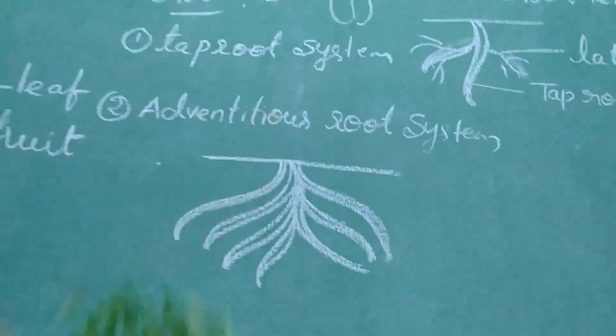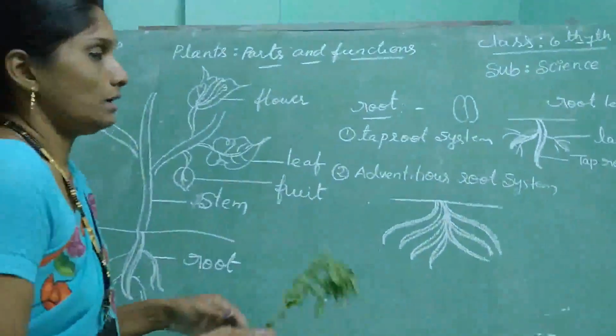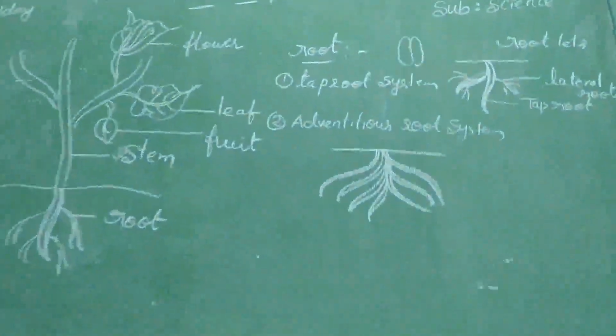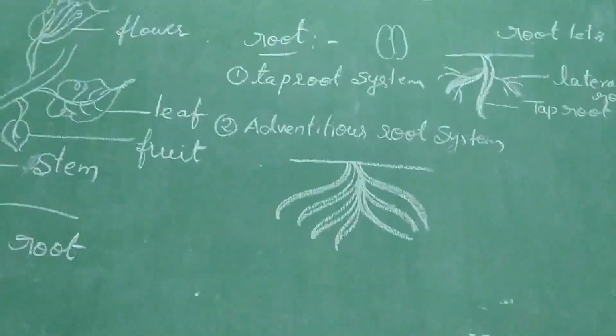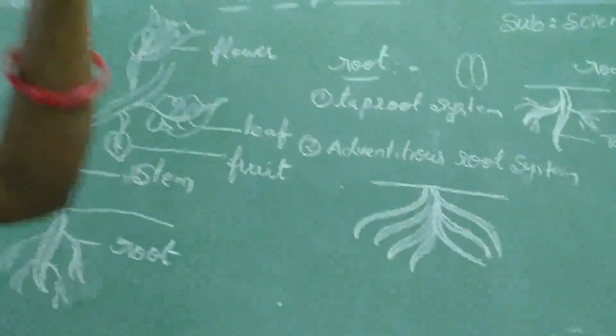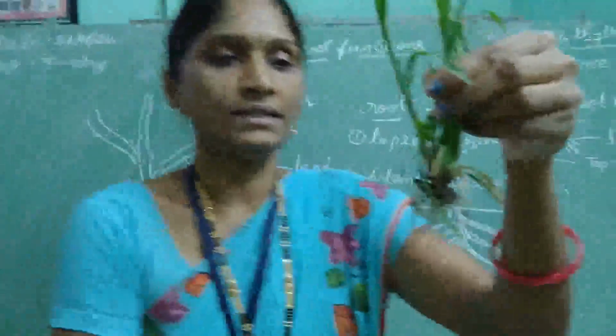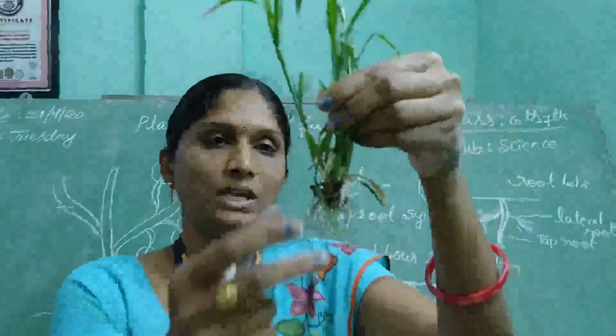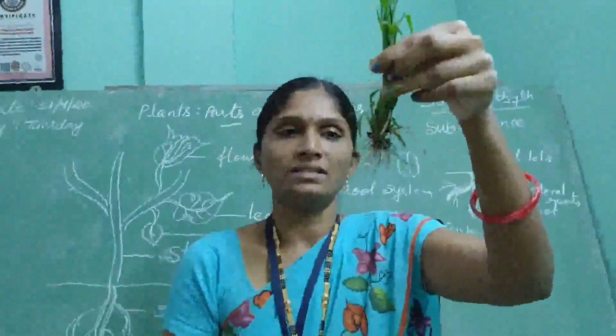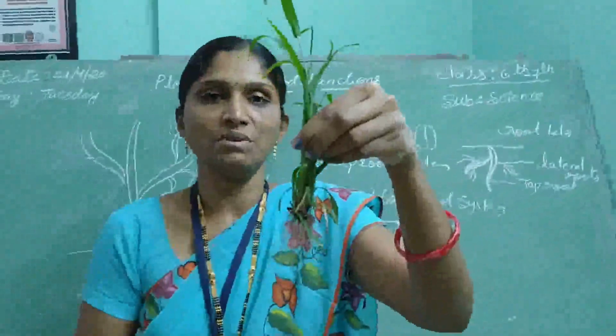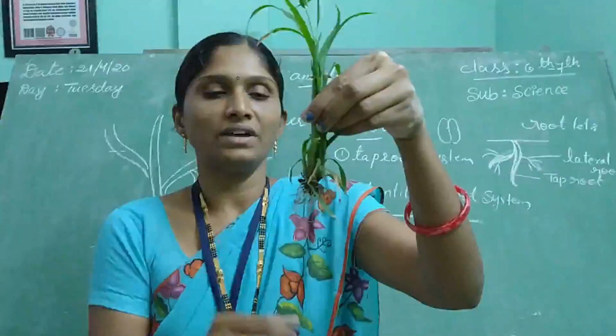Adventitious root systems are seen in grass plants. This is called adventitious root system. See, like this, all roots are similar, and all roots are very thin in this structure.